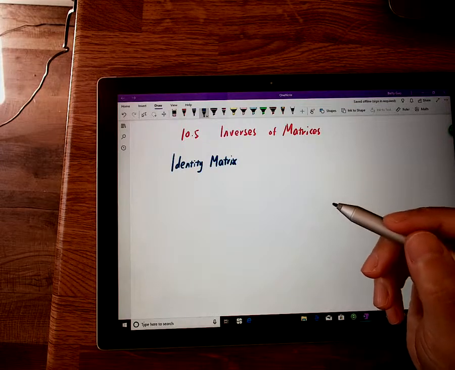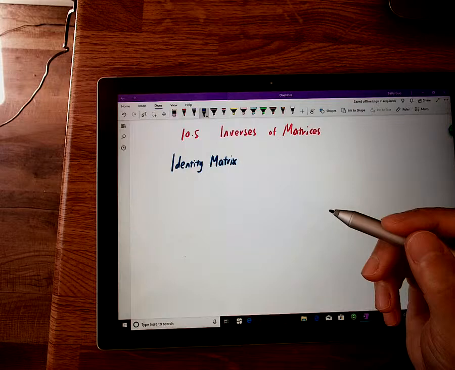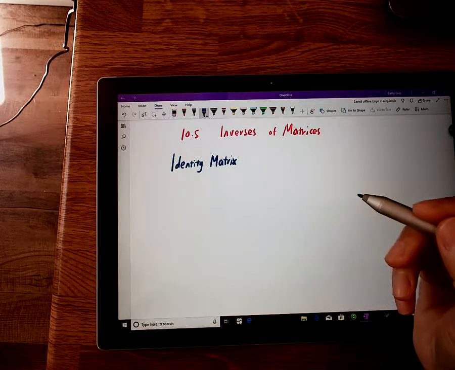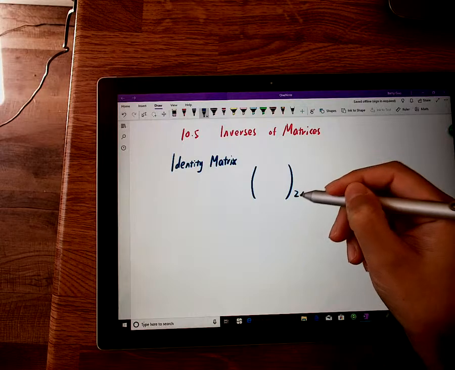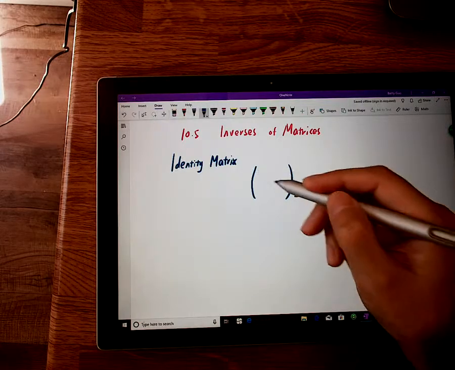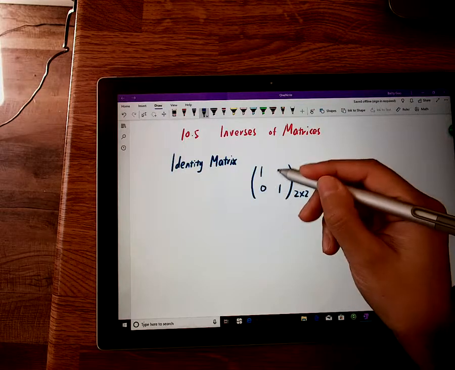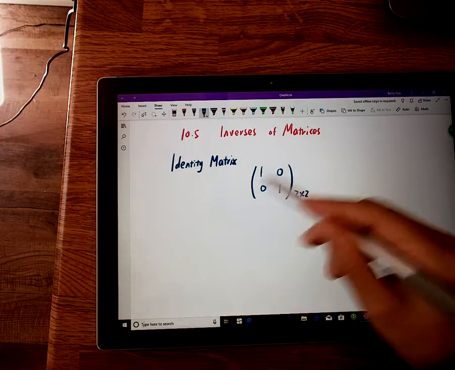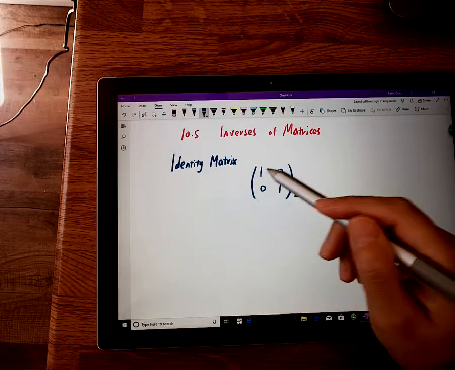An identity matrix is a square matrix, meaning the number of rows and the number of columns of the matrix are equal to each other. If we have a 2 by 2 square matrix, the entries on the main diagonal are ones, and the other entries are 0. Then this matrix is an identity matrix, the 2 by 2 identity matrix.